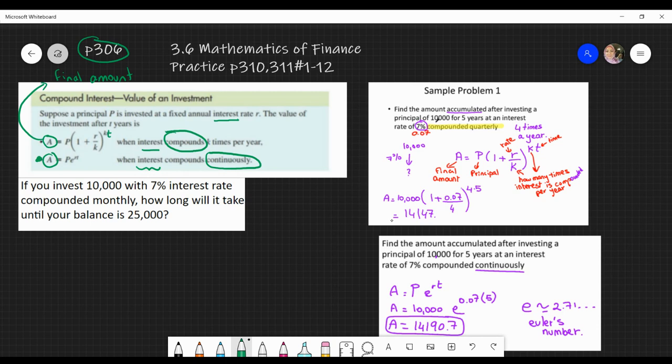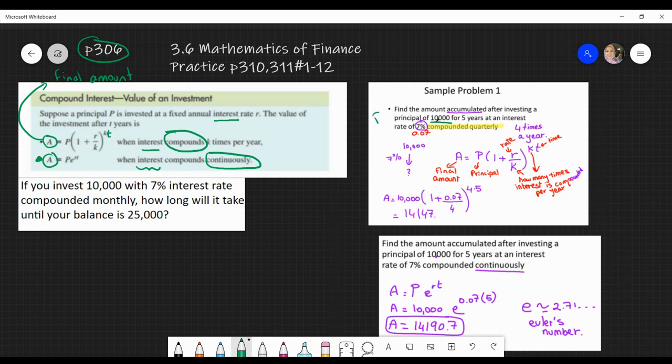And let's take a look at a sample problem. This is a pretty easy and straightforward application of the formula. The most important part is to annotate, because with those word problems, if you understand what each variable is and where it goes, you can solve it easily. Sample problem 1: find the amount accumulated, which means the amount is growing little by little, after investing a principal of 10,000.